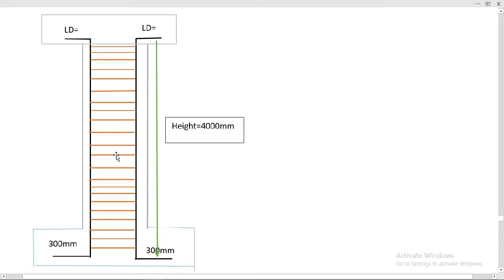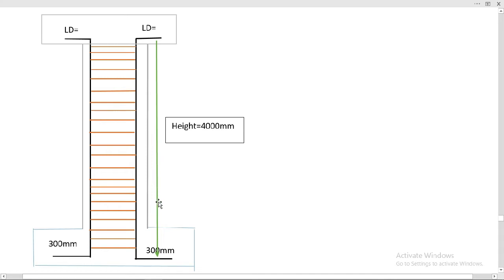If in any case there is lapping between two bars in the middle portion of the longitudinal bars, you have to consider overlapping length, but here we don't have it, so that's why we are not considering it. We are just considering the development length and this overlapping length with the footing.